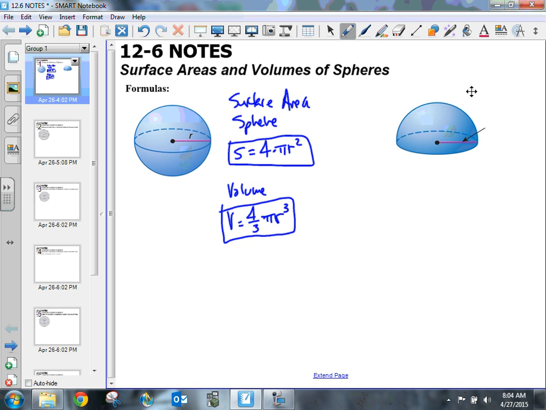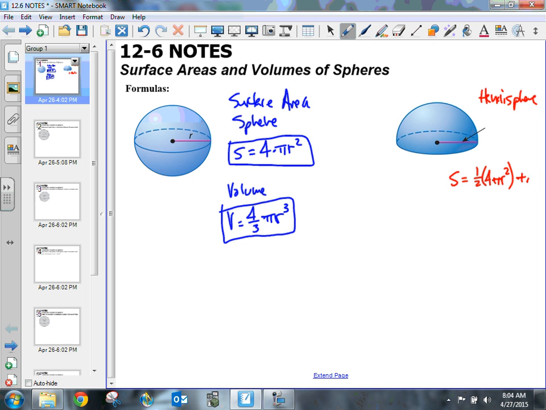But if we have a hemisphere, which is half of a sphere, then the surface area of that is going to be half the surface area of my sphere. So it's going to be 1/2 times 4 times pi r squared. But then we have to also add on this bottom area of a circle.